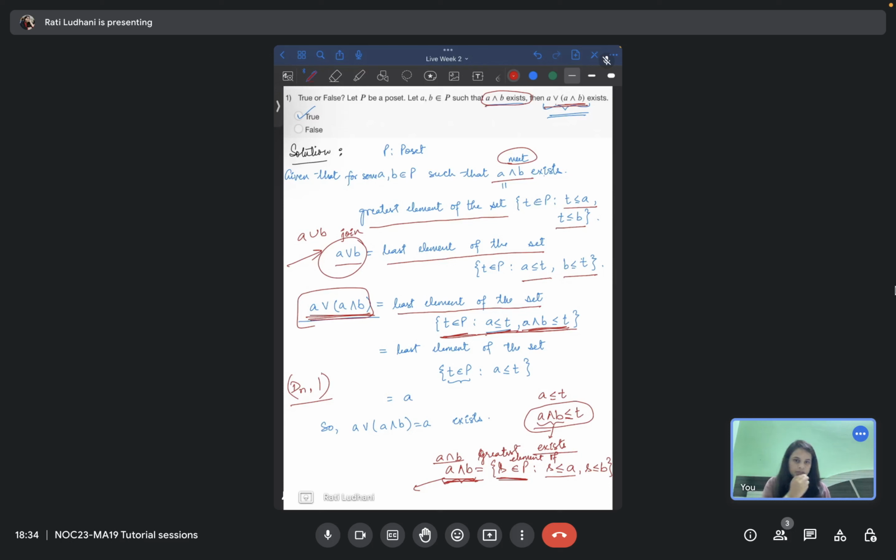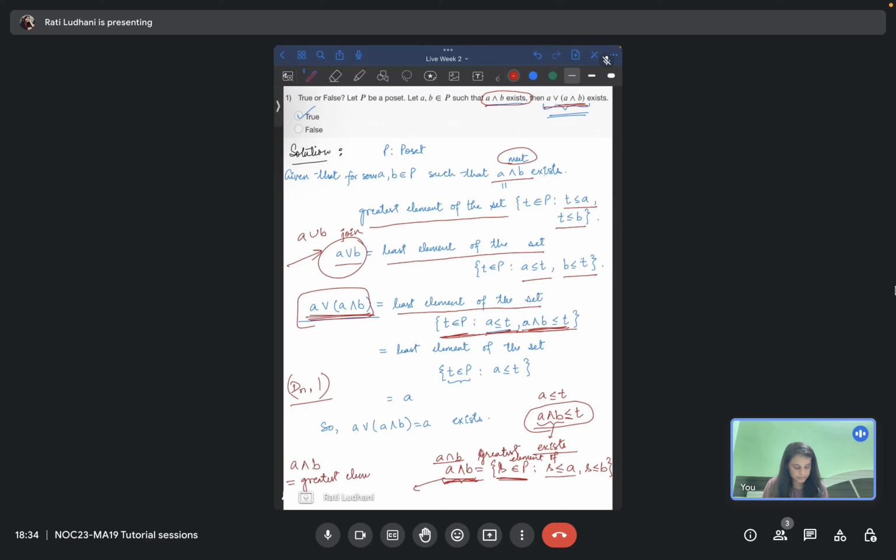It's like that. For example, A meet B is the greatest element of the set, in terms of those posets which we have read.